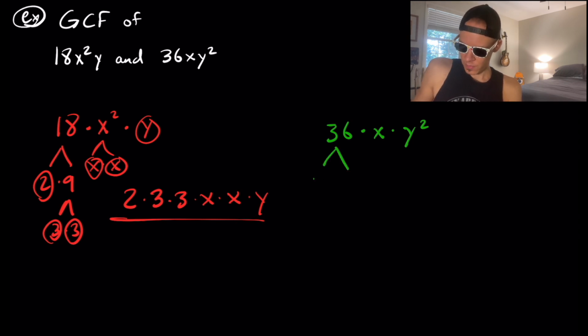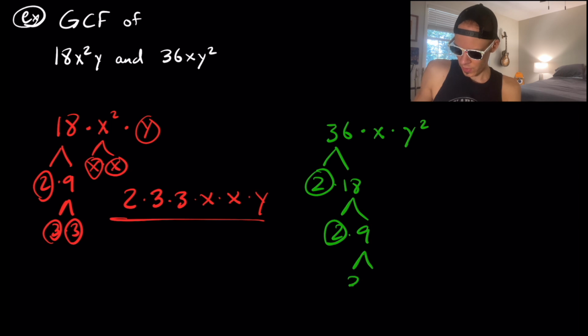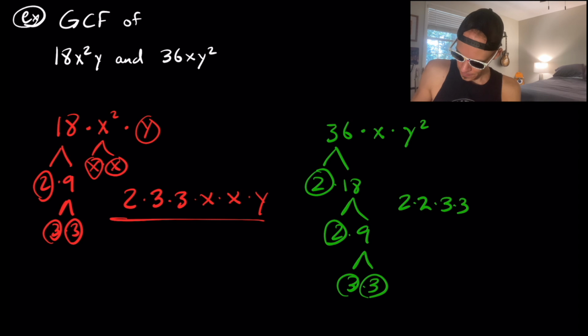I know it's an even number, so 2 times 18 is 36. There's a prime number. 18 is even, so it's going to be 2 times 9. We can break that down that way. And then the 9 breaks down into 3 times 3. So we'll have 2 times 2 times 3 times 3.